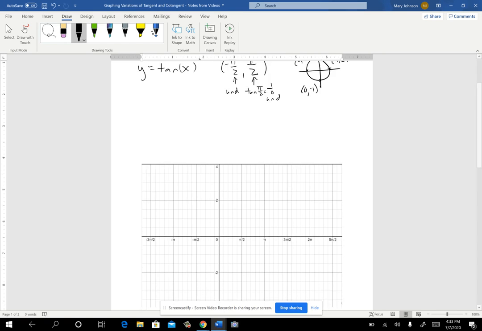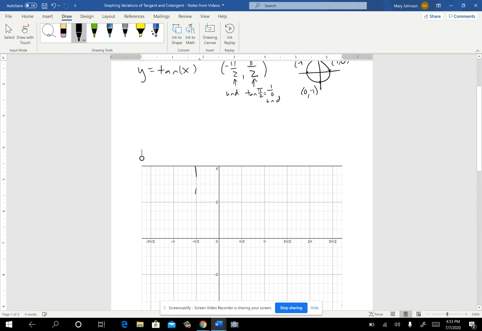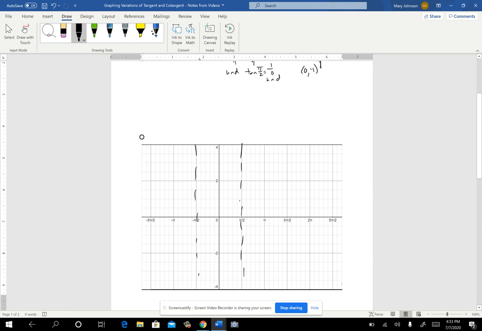So your tangent graph had vertical asymptotes, and after that, every pi. The period for tangent was pi with vertical asymptotes at negative pi over 2 and pi over 2. So we're going to have vertical asymptotes like this.